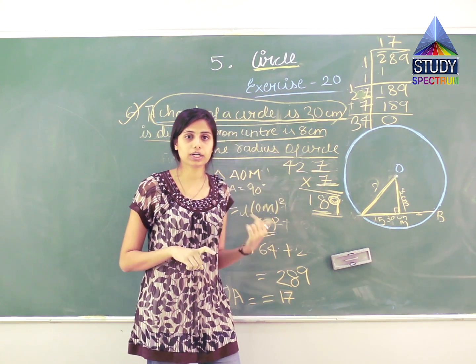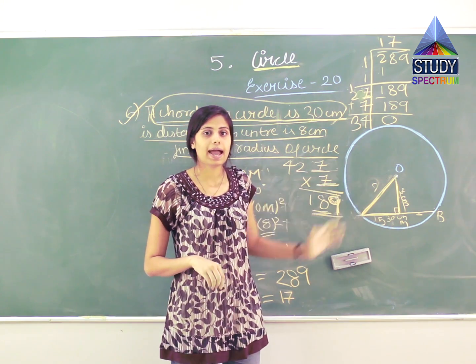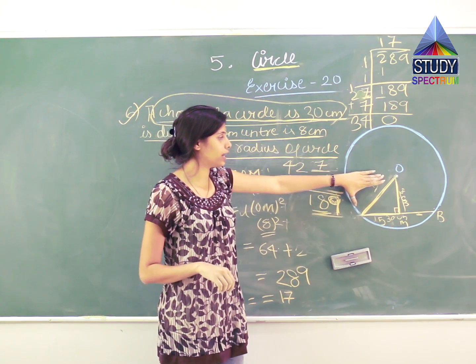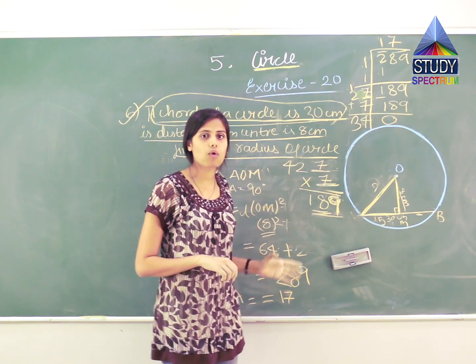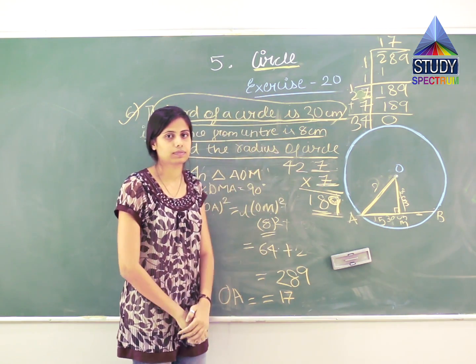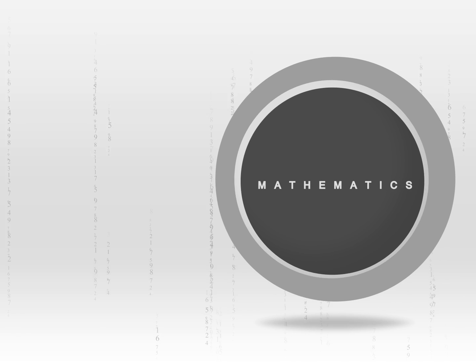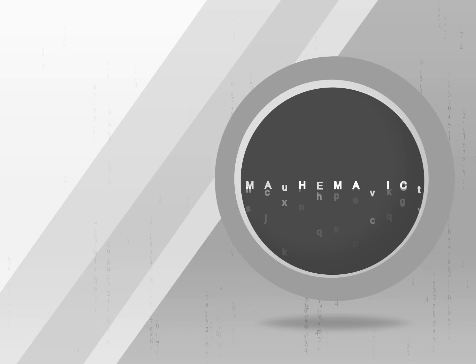By using the hypotenuse theorem, we got the square of the other side, and by taking the square root, we got the length of the other side. This is how we got the radius, which is OA.